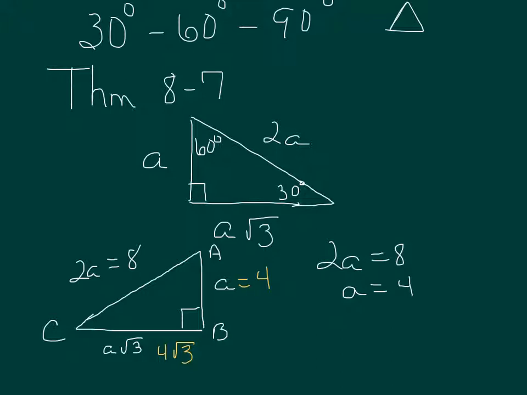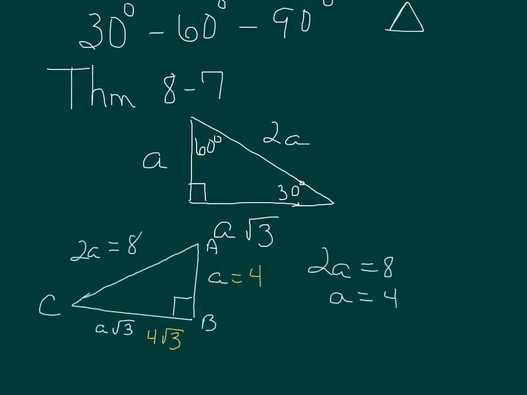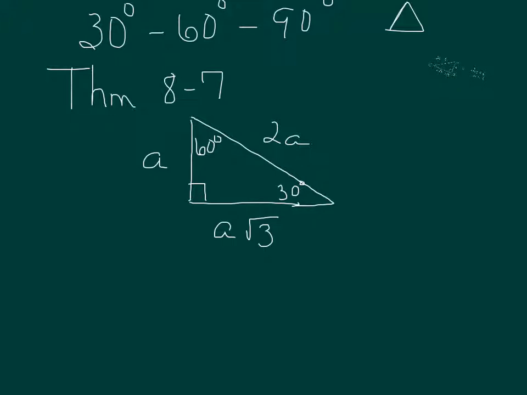Let me see if I have another one here. Let's say that we have a right triangle. So this has to be 30. This has to be 60. How do I know that that upper angle has to be 60? It's opposite the longer side.